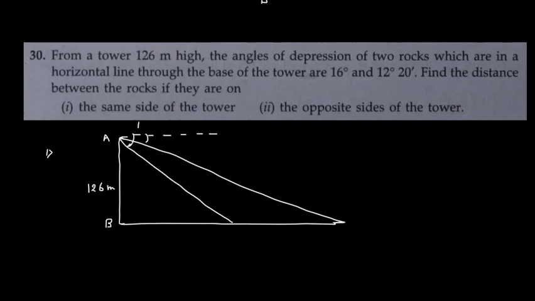So this angle is 16 degree and this angle is 12 degree 20 minute. So here by alternate angles this is 12 degree 20 minute, and this angle is 16 degree. Now we have to find the distance between the rocks. So this CD distance we have to calculate. CD is question mark.